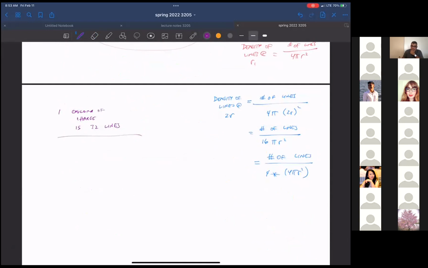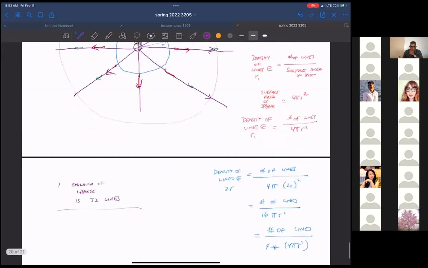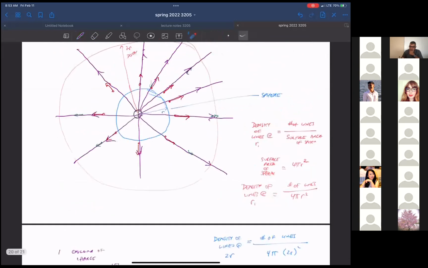Does everybody get what I'm saying here? I drew, I don't know how many lines, it ended up being more than 8. But let's say I ended up drawing this many, and we all agreed that if there was a Coulomb of charge here, I would draw 1, 2, 3, 4, 5, 6, 7, 8, 9, 10, 11, 12, 13, 14, 15 lines for a Coulomb of charge.